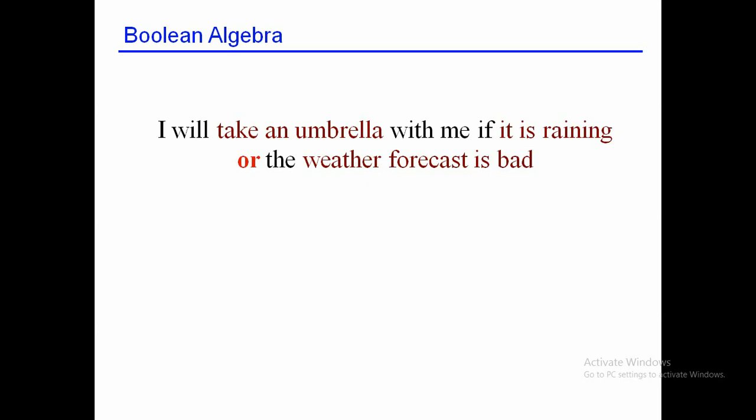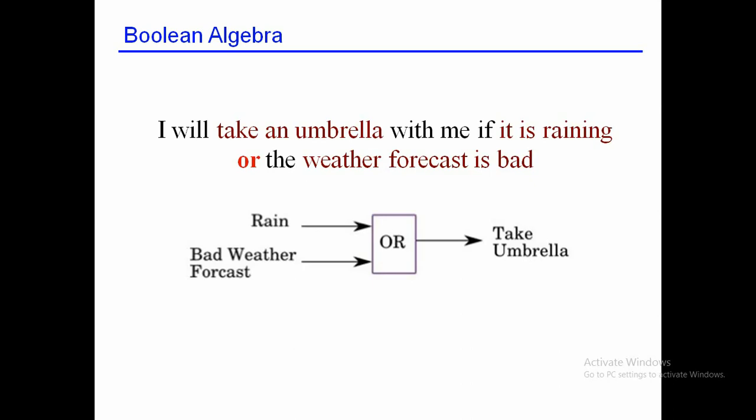We see step one. Here OR is highlighted. Rain is the first one, and the second is bad weather forecast.